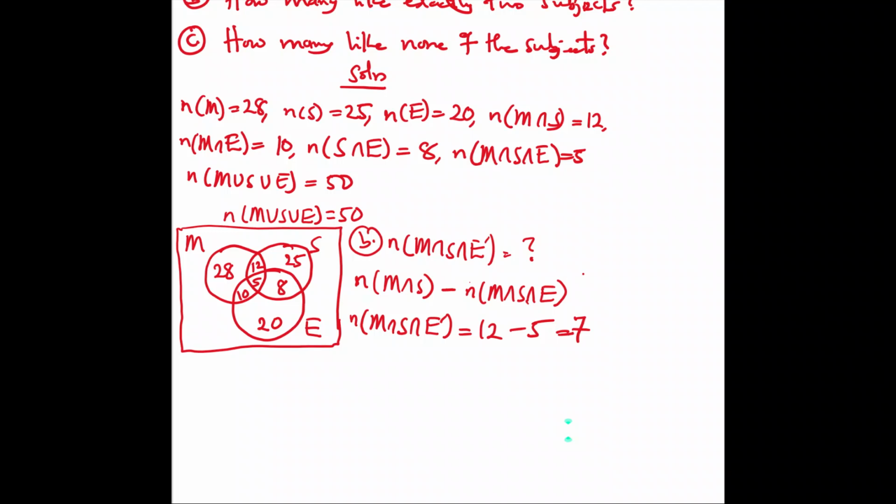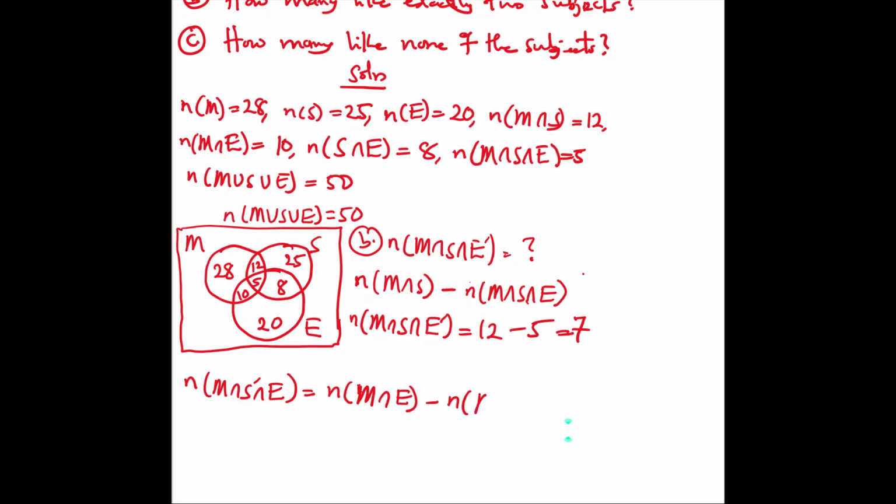Okay. So now let's do the number of students that like only maths and English. So for only maths and English, it is going to be number of students who like maths and science.